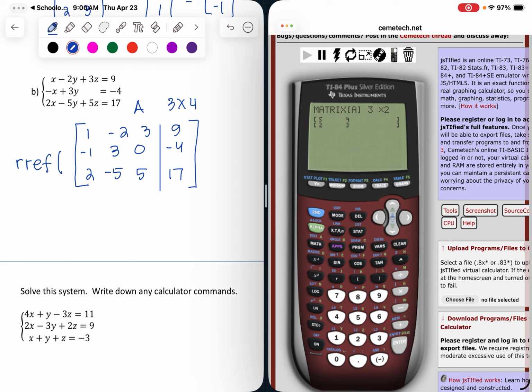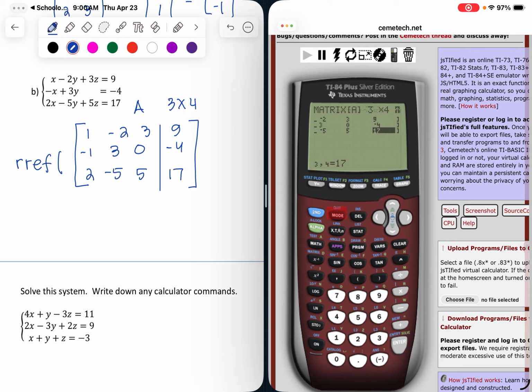This is a 3 by 4. Entries 1, -2, 3, 9. -1, 3, 0, -4. If I mistype anything, I'll know when I don't get the right answer. 2, -5, 5, 17.